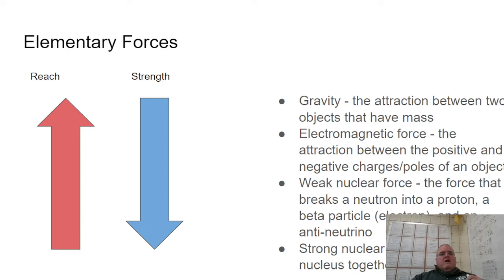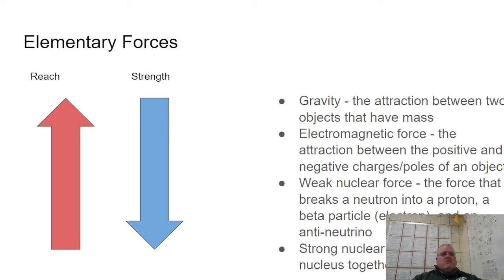Now, each of these forces acts over a different range, a different distance, and has a different strength. The reach is the greatest for the weakest force, because it doesn't have to meet all these criteria.